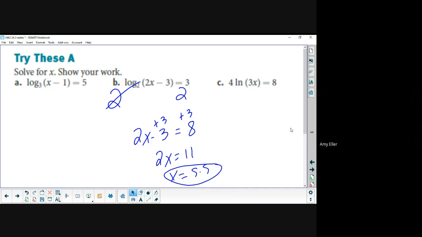Raise your hand if you've checked 2 already, or B, I should say. I plugged it in, and I also didn't get 3. So you have log base 2 of 2 times 5.5 minus 3. It should have worked out.